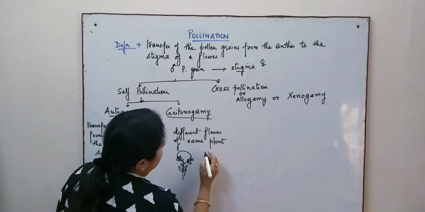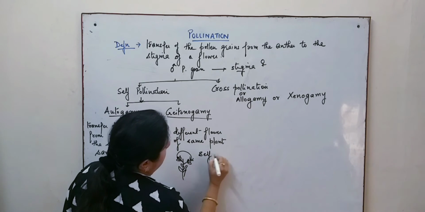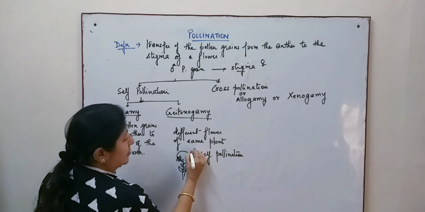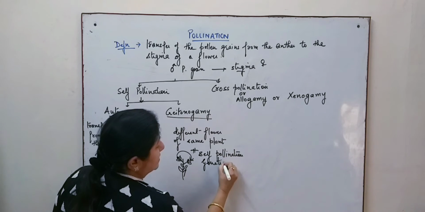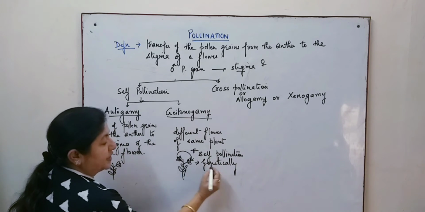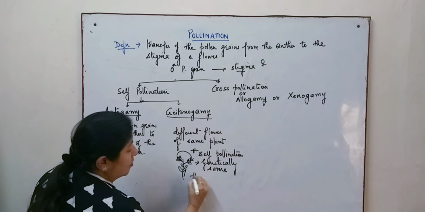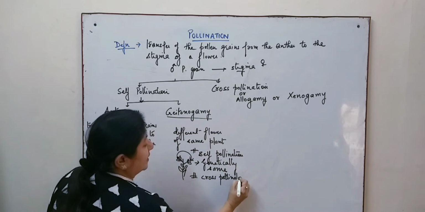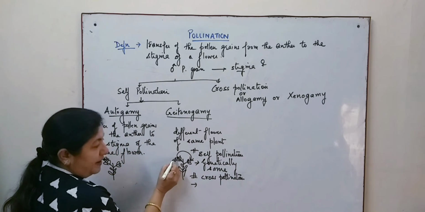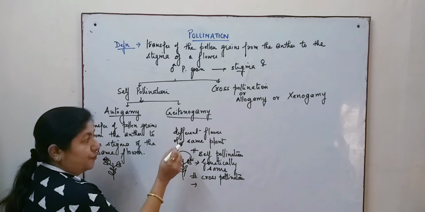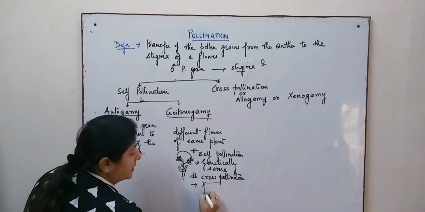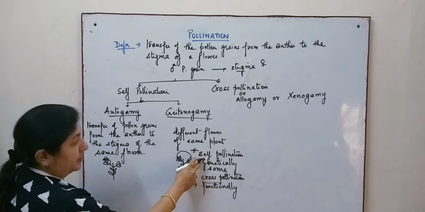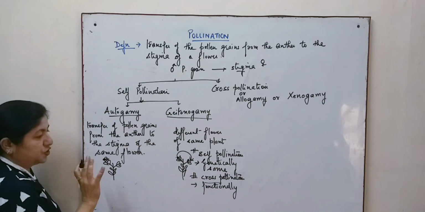Understand this: genetically it is self-pollination, the reason being the plant is genetically the same. Functionally it is cross-pollination, as the pollen grain needs to be transferred to the other flower, and genetically geitonogamy is self-pollination. So therefore we are putting it under the self-pollination category.